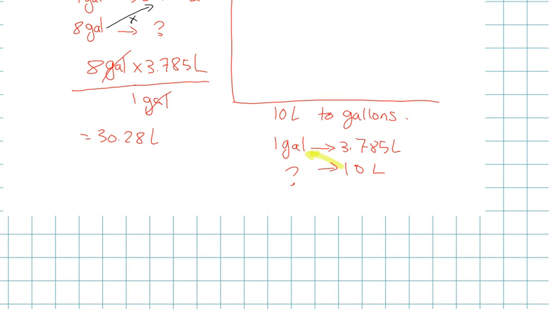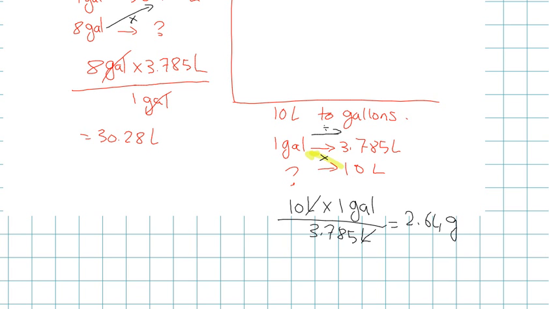So you're multiplying by 1, but dividing by 3.785. So it'll be 10 liters times 1 gallon divided by 3.785 liters. Liter and liter would cancel. The answer is about 2.64, and that would be gallons. Make sense?